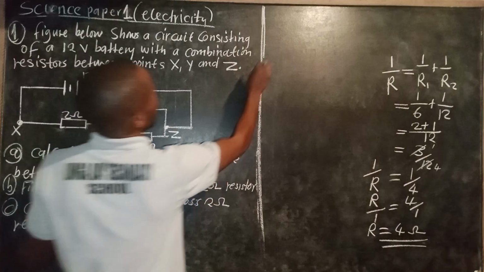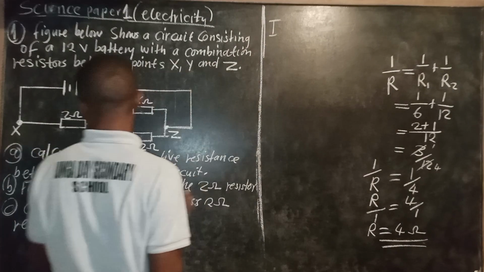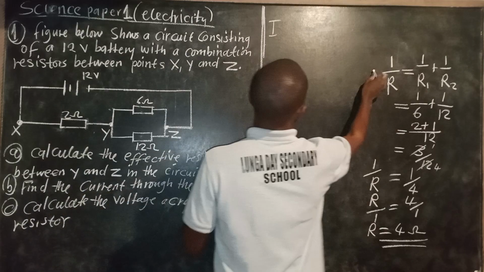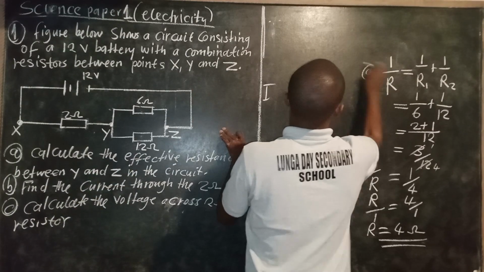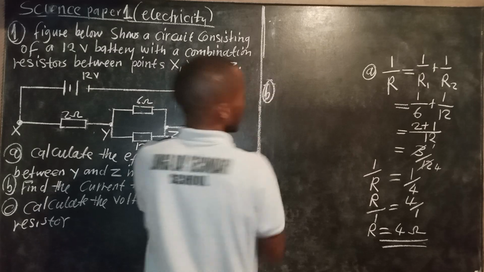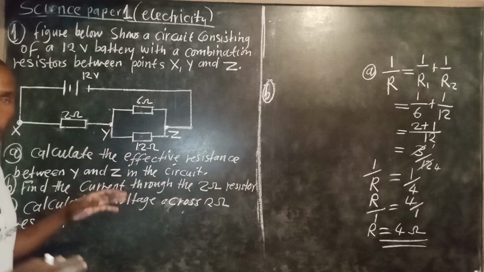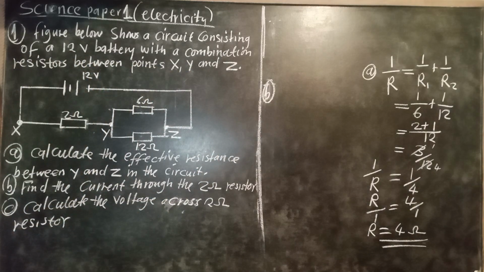Then current, again formulas, that is B now. Okay, this is A. Let me write down here. This is A. Then this is B. B will be here. We are trying to avoid the light there, reflection. So find the current through the 2 ohm resistor.